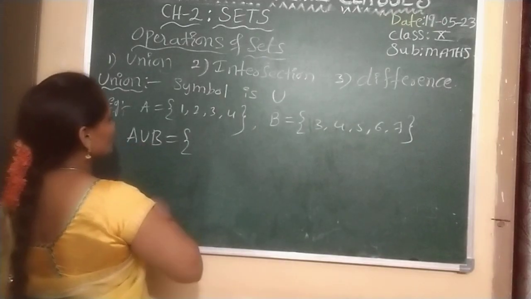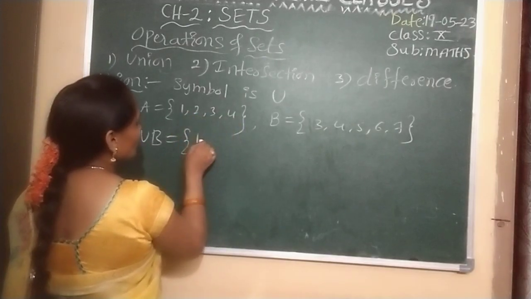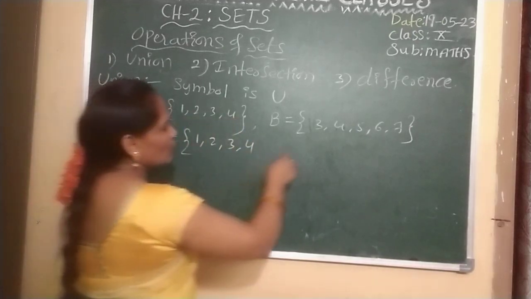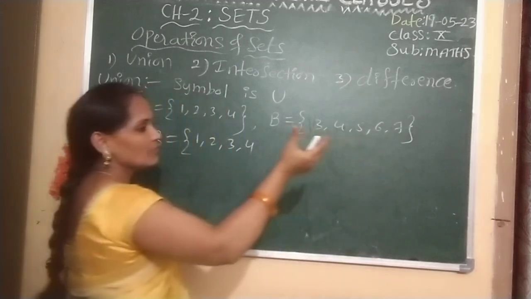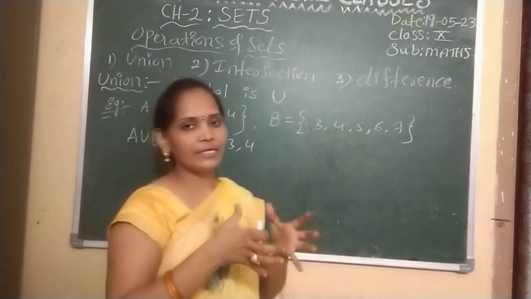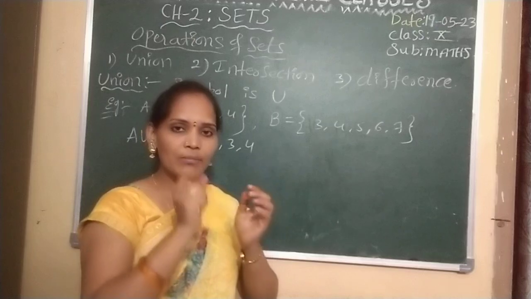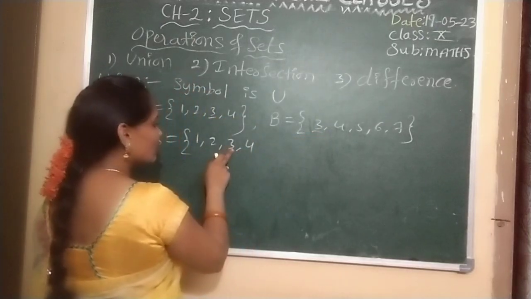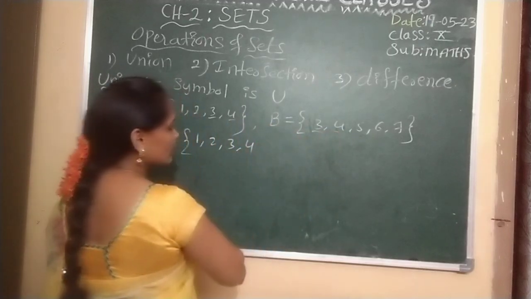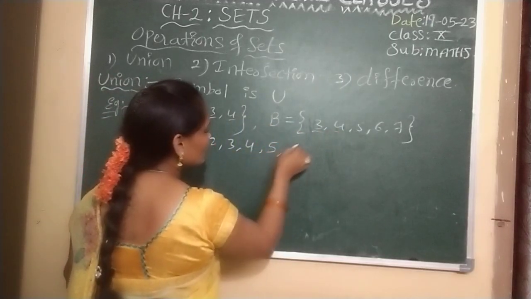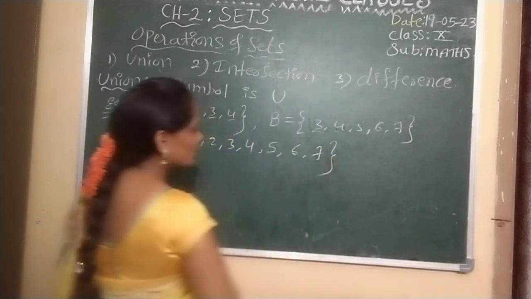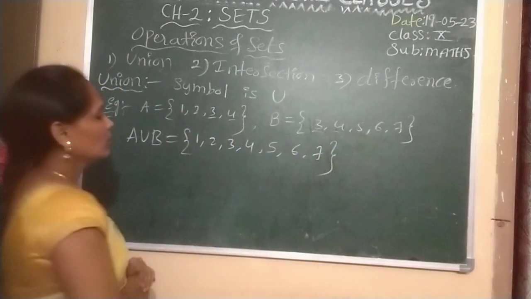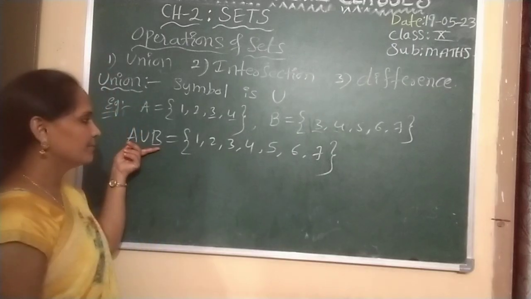That is A union B. See here, 1, 2, 3, 4 is over. Now continuing, we should not write common elements two times. Common elements we write only one time. Here 3 is common, only one time. 4 is common, only one time. Next 5, 6, 7. You get the total numbers. Now this is A union B.